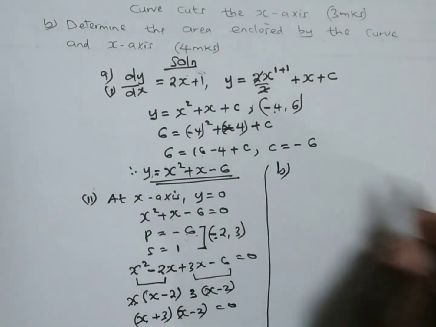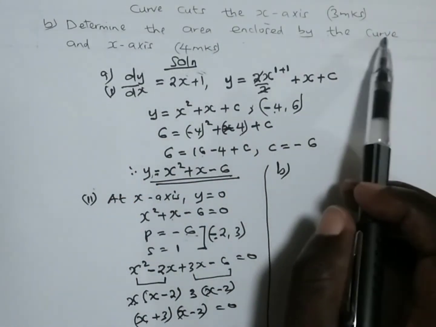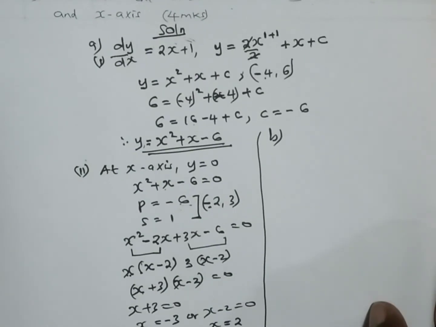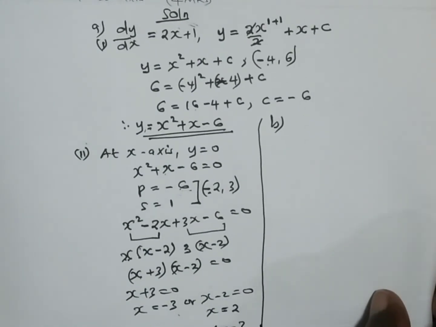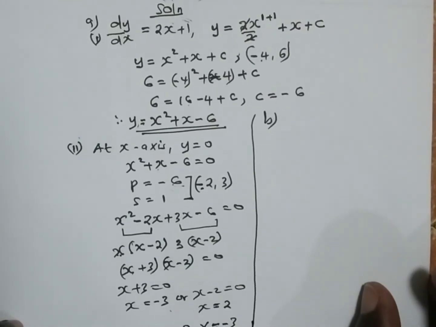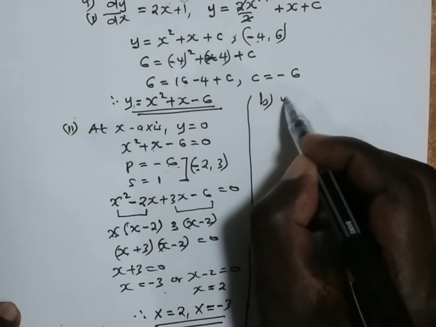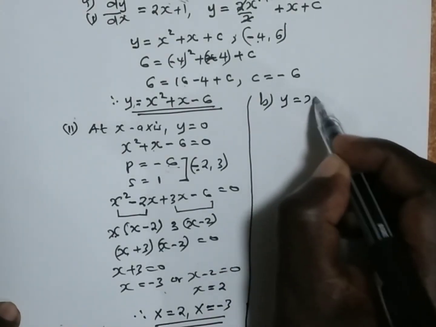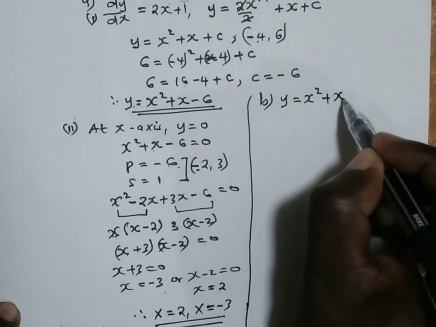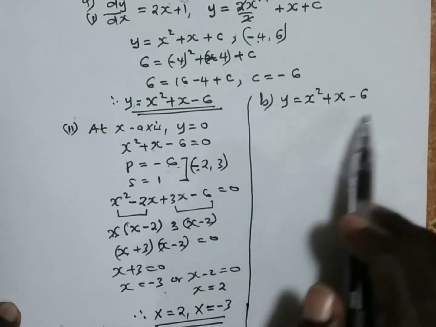Part B of the question, we are supposed to determine the area enclosed by the curve and the x-axis. Remember, the area enclosed by the curve would be obtained by integration. And in this case, we have the function y being equal to x squared plus x minus 6, and this is our curve.